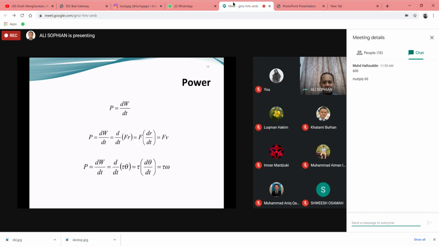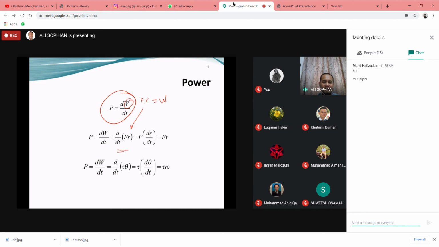What is power? Power is the time derivative of the work. So dW/dt, and you can substitute W with Fr, which we got from the previous slide. So you've got d(Fr)/dt.